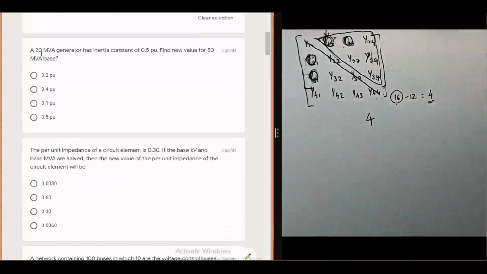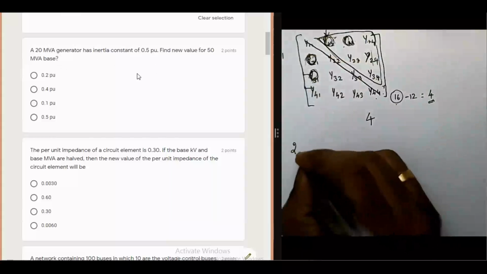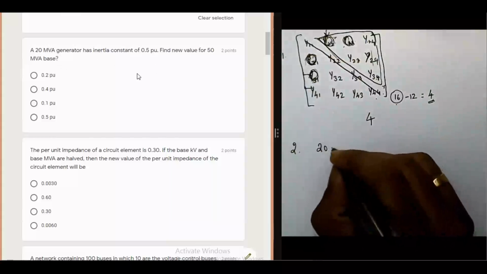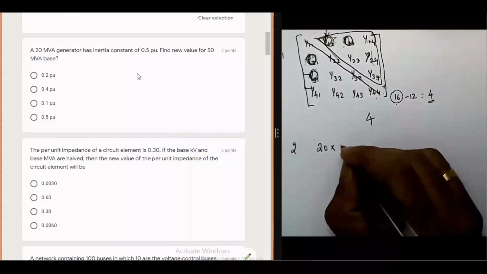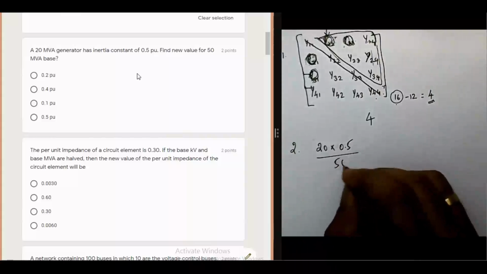The next question. A 30 megavolt ampere generator has inertia constant 0.5 per unit. Find new value for 50 megavolt ampere base. Here this is actual value divided by base value. 20 megawatts, 20 into 0.5 divided by 50.